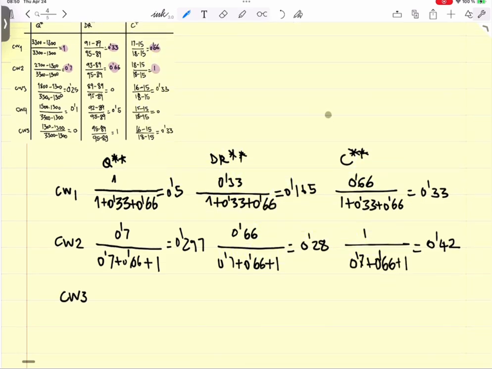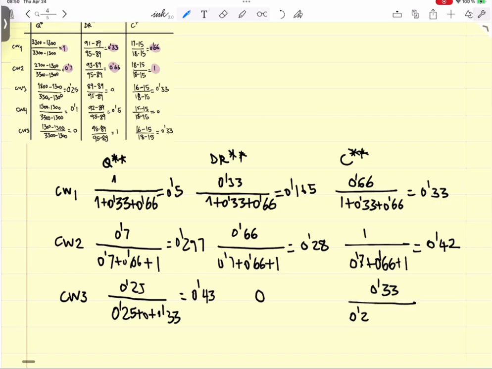Calendar week 3. Next, 0.25 divided by 0.25 plus 0 plus 0.33 equals 0.43. The next one is 0 because 0 divided by something is 0. The last one is 0.33 divided by 0.25 plus 0 plus 0.33 equals 0.57.